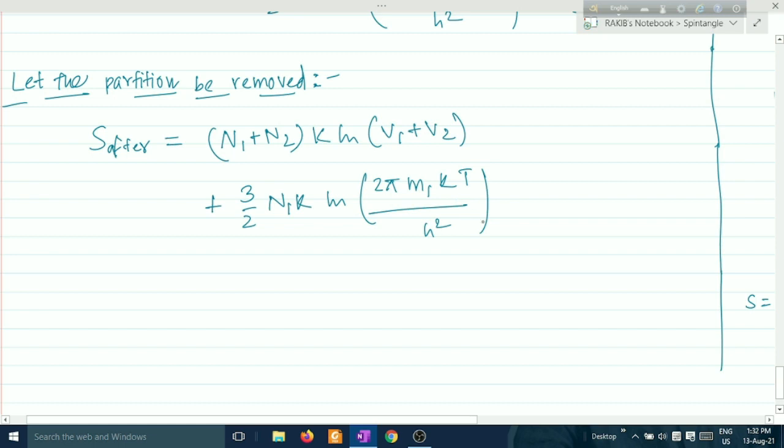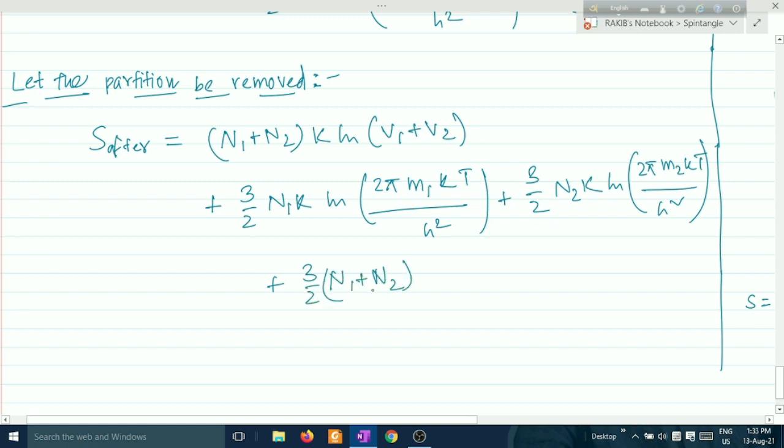This is for the first gas, and for the second gas there will be another term, 3 by 2 n2 k ln 2 pi m2 kT by h square, plus an extra term, 3 by 2 n1 plus n2. This is the entropy after mixing.